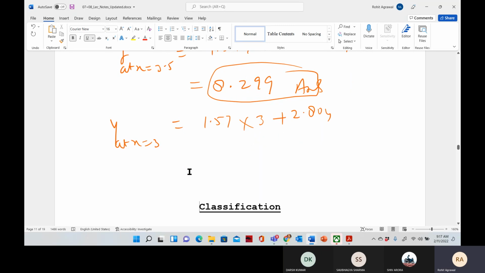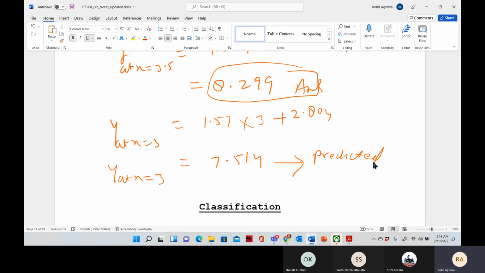So see, this is 7.514. Now see the difference here. This is a what? This is predicted. Yes or no? Yes. At x equals to 3, it is predicted.